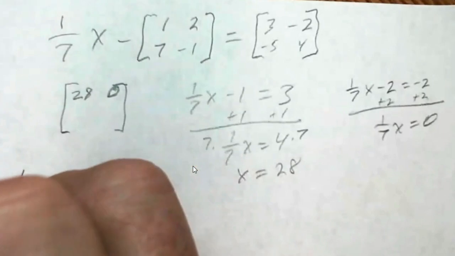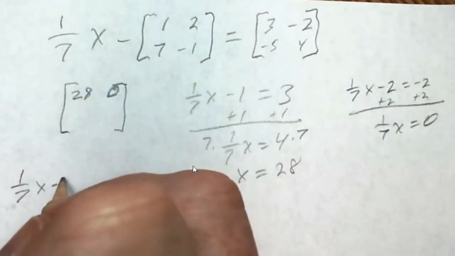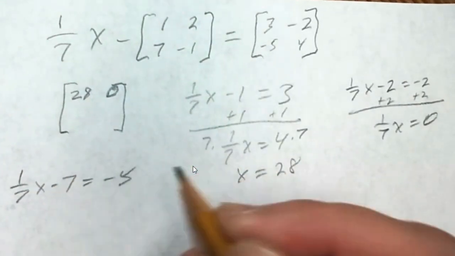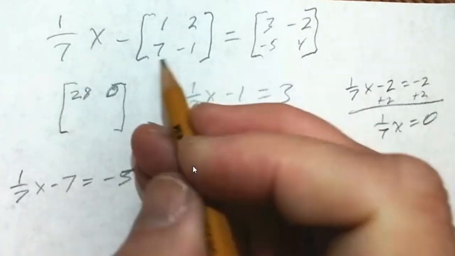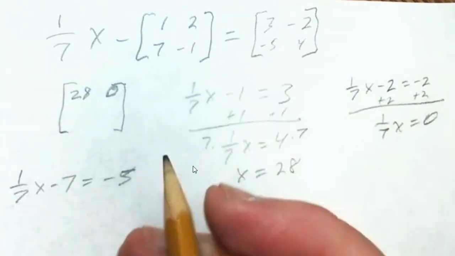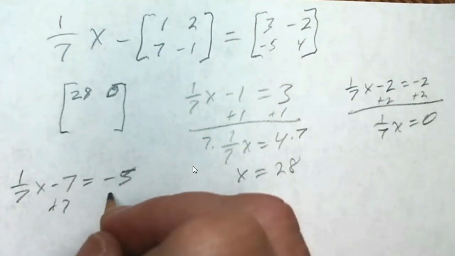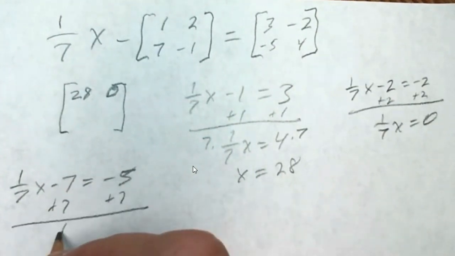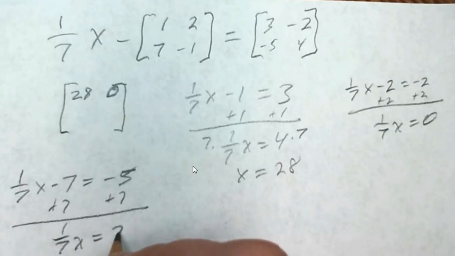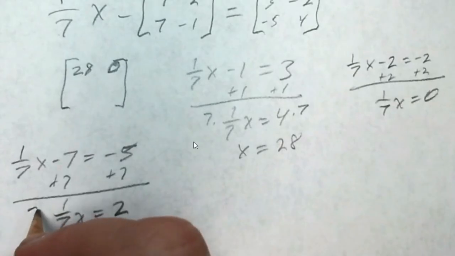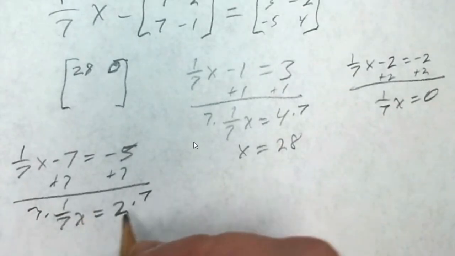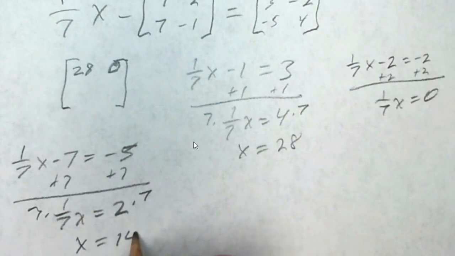Let's see. 1/7 X minus 7 equals -5. All right, moving to the second row. Plus 7. 1/7 X equals 2. Multiply both sides times 7. X equals 14.